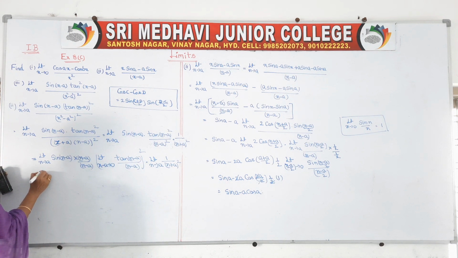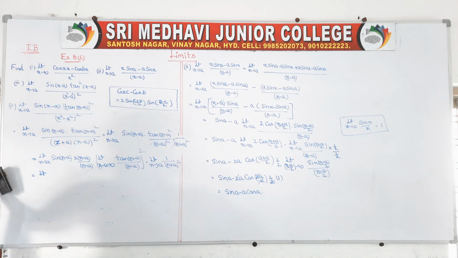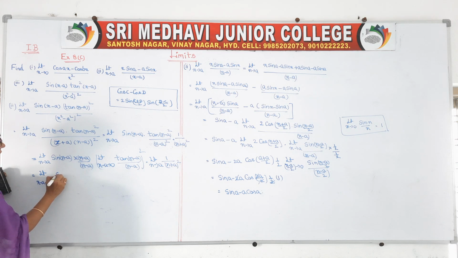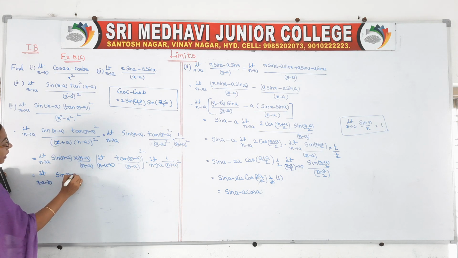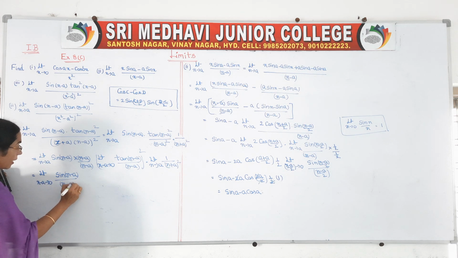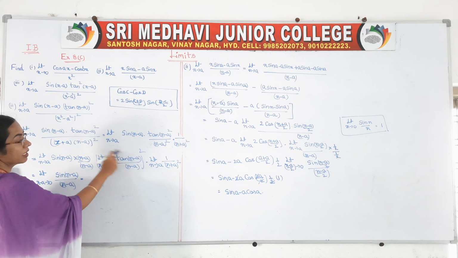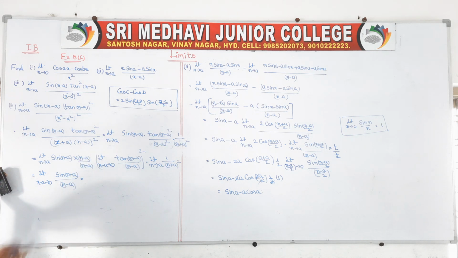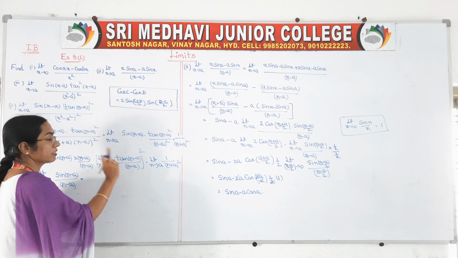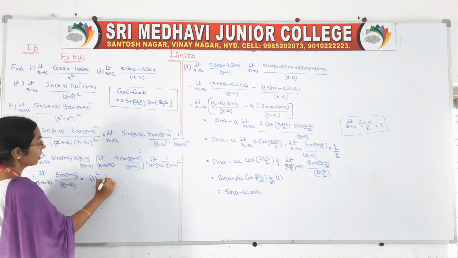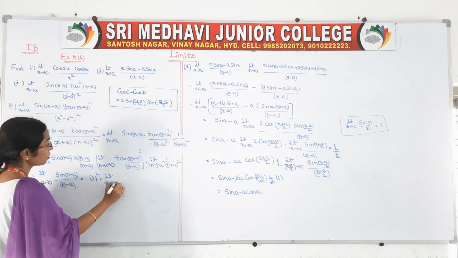So it is equal to limit x tends to a, bring a this side, x minus a tends to 0, and it is sin of (x minus a) by (x minus a). Okay, and this value is 1. Limit x tends to 0, tan x by x is equal to 1. So this value is 1 square, and the limit x tends to a.